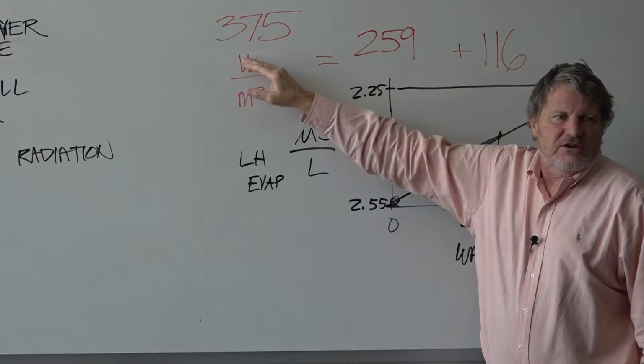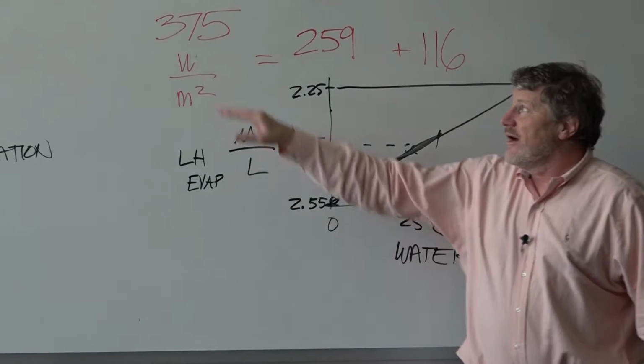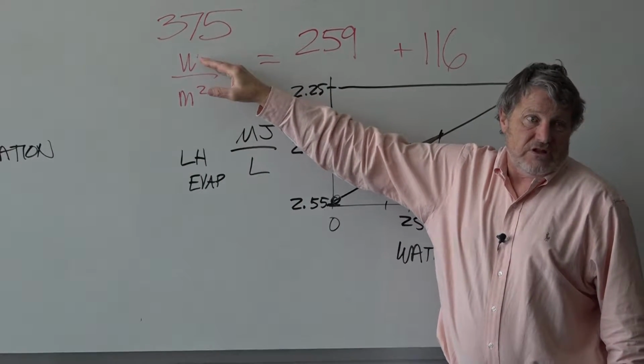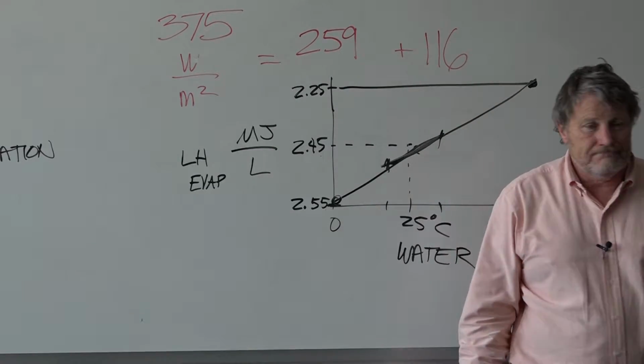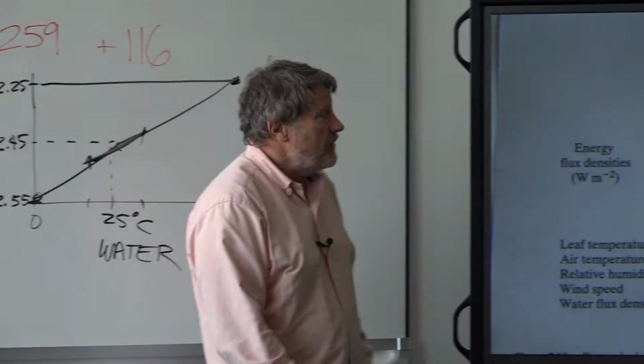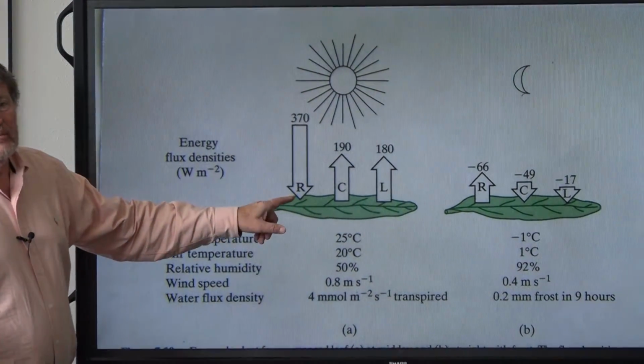It depends on the conditions, but it's in that general ballpark. Obviously, if it's cloudy, it's a lot lower. And it depends on the surface it's over. But it's in the neighborhood of 300. Okay, that has to balance.